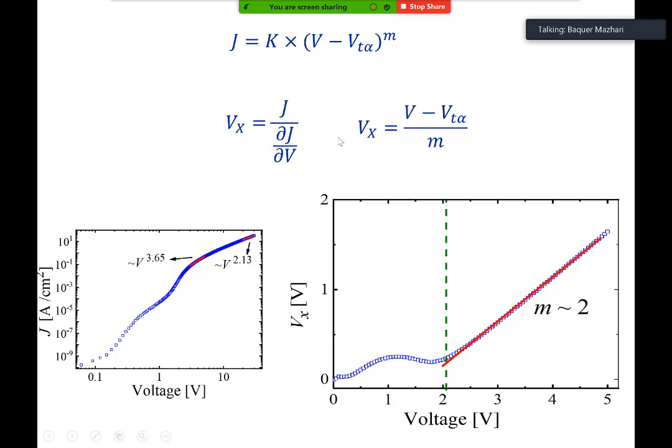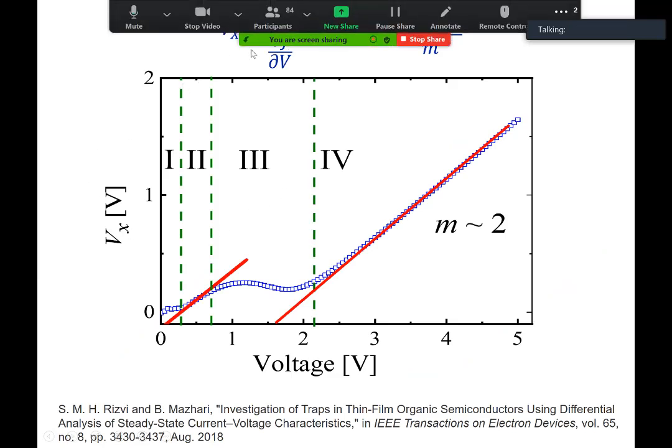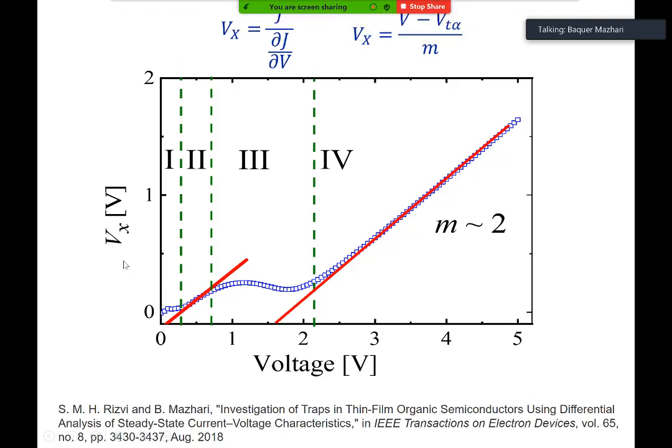So what we suggest, in the interest of time, is that you can take this particular function here, Vx, and subject your data to it. And you find that you can analyze the device in a much more accurate manner using a more generalized power law expression. And you will get a much better estimate of where the trap fill limit is in the devices.